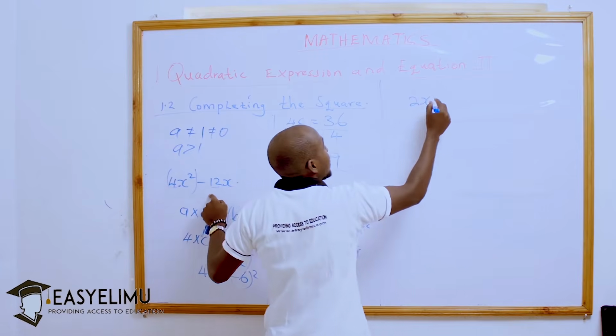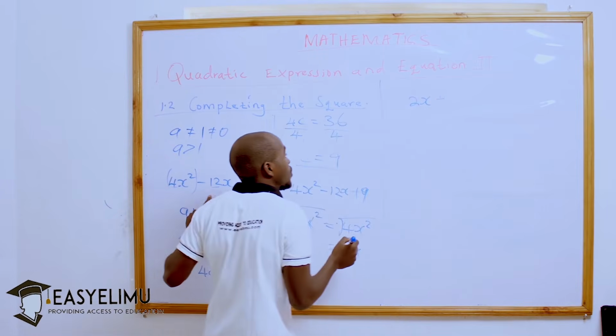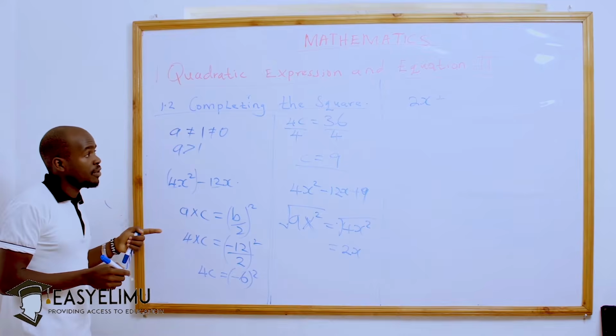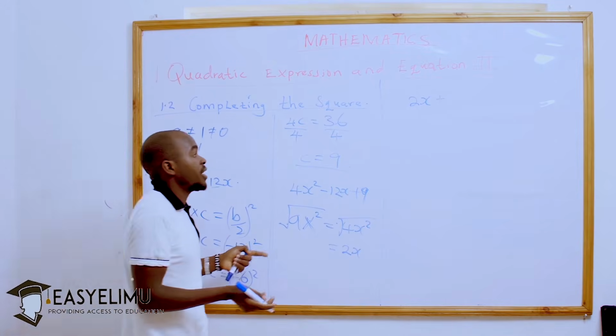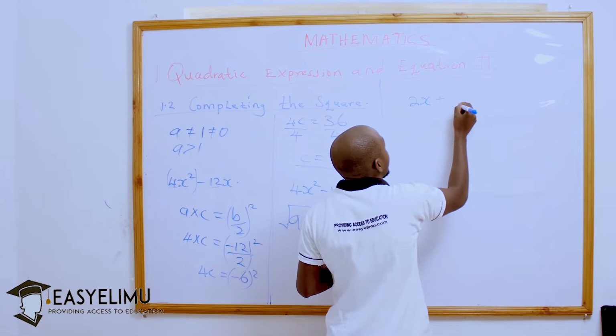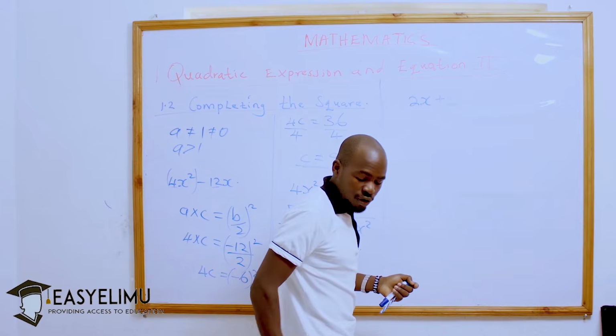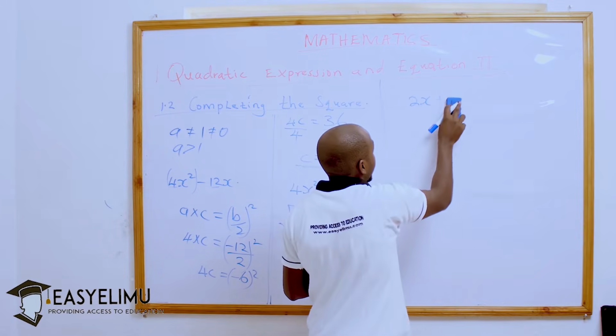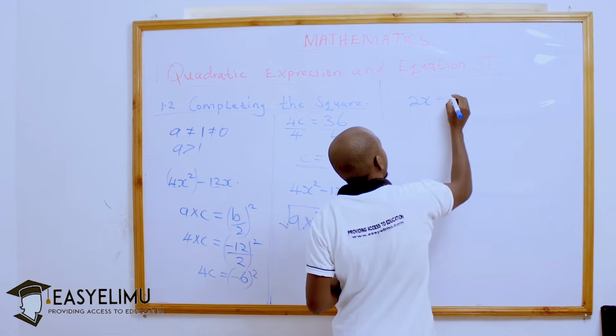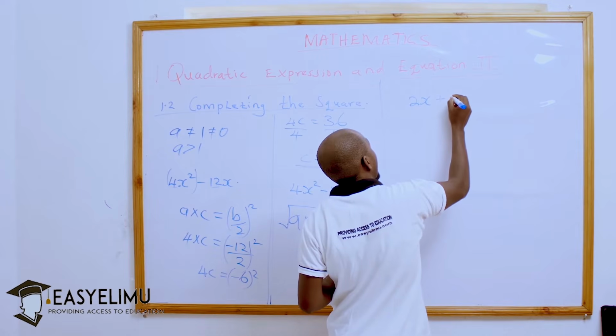And then I shall add to it a positive what? Positive, I will add c, which I don't know what it is. So let's not use c, let's use another letter, for example, p.